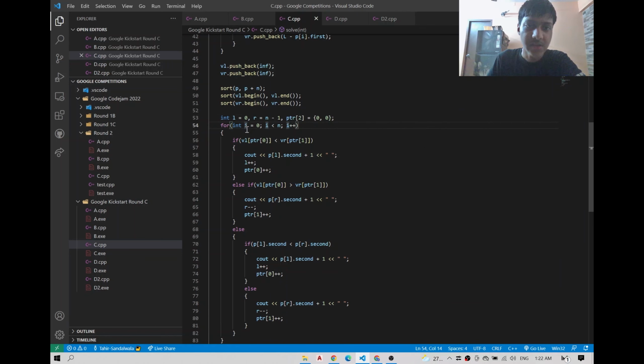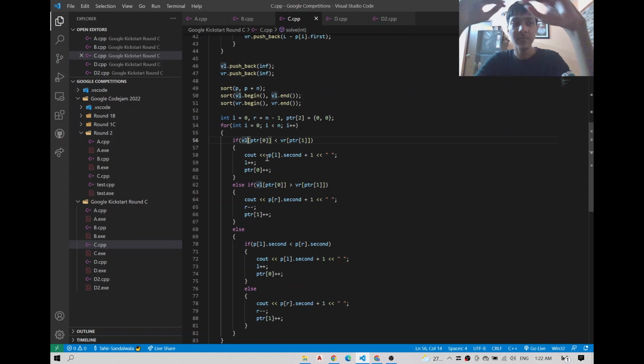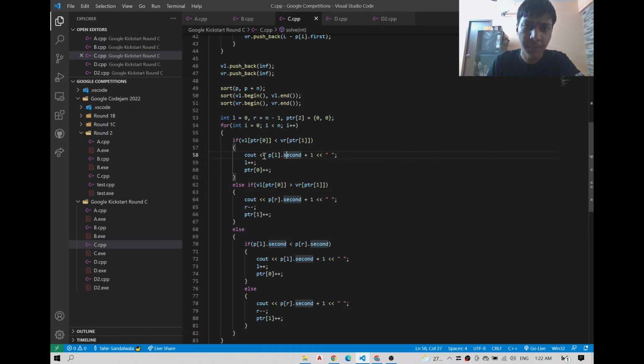Then I do for i from 0 to n minus 1: if VL of PTR0 is less than VR of PTR1, that is, if the first ant that falls from the left end falls at a lesser time than the rightmost ant that falls from the right end, then I'll print the index corresponding to that ant which fell from the left end, because this means that the ant that first fell from the left end falls before the ant that falls from the right end.